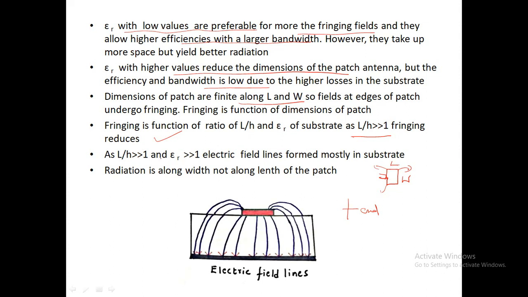And as L by H is greater than 1 as well as epsilon is greater than 1, the electric field lines are found mostly in the substrate. So radiation is along the width, not along the length of the patch. Why does that happen? I already said, because of the continuous and discontinuous type of structure, this will be happening.